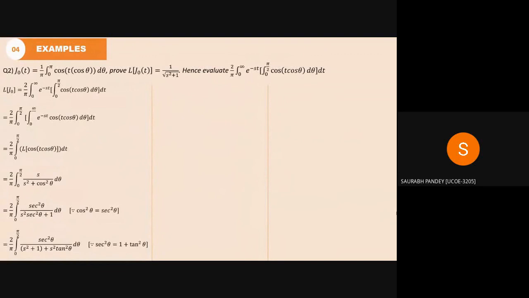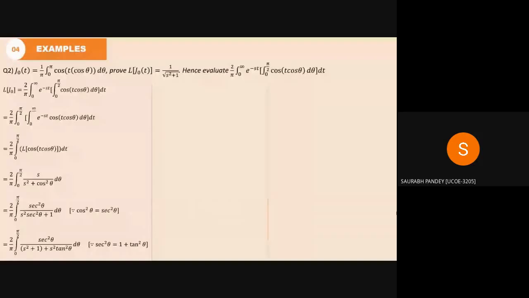When we simplify this step, we take the Laplace of the integration, that is, Laplace of cos(t cos theta) dt, with limits 0 to pi by 2. Applying the Laplace transform, we get s by s square plus cos square theta, integrated from 0 to pi by 2.